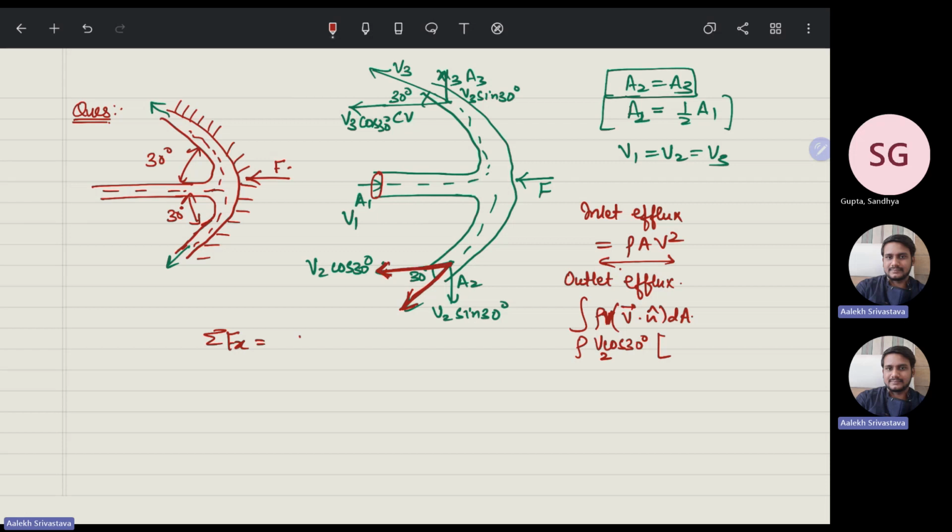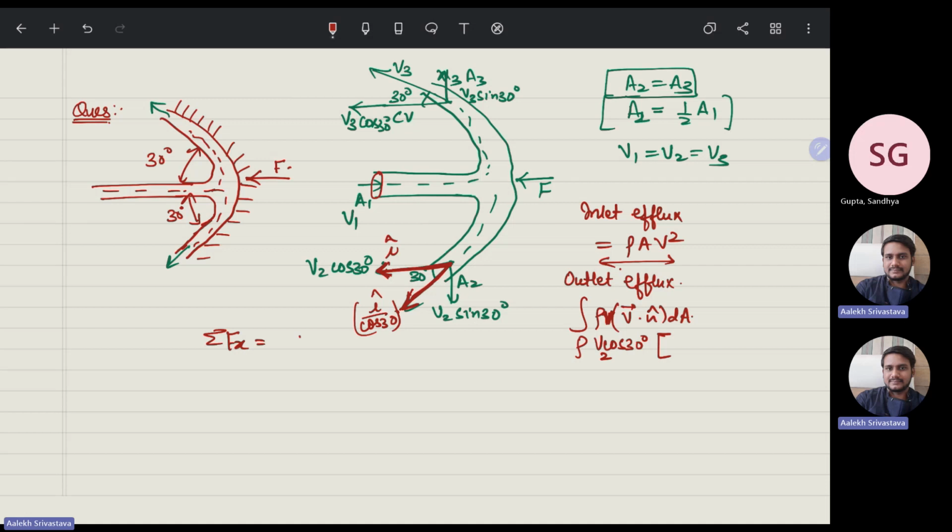So suppose this is your i cap, and this direction is i by cos 30.